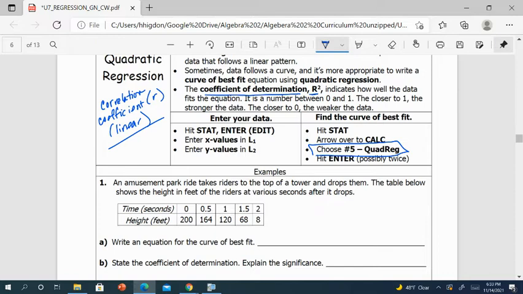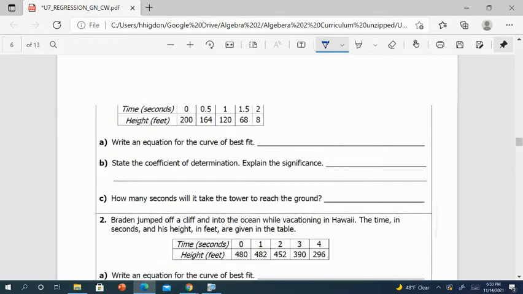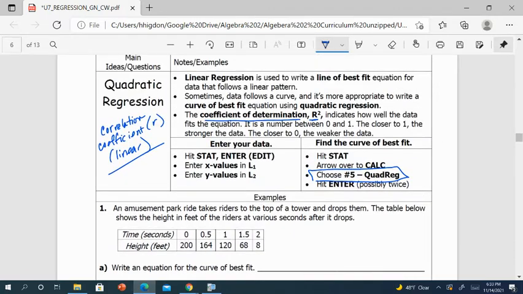To actually find the equation, hit stat, arrow over to calc, select number 5, and hit enter. I would like to remind you that we store the regression equation in Y1 by going to store regression, alpha, window, I think, or alpha trace. We'll look at that as we get through an example.